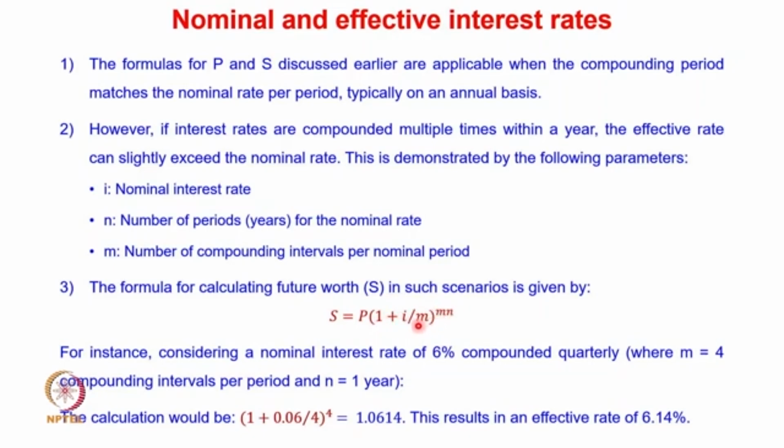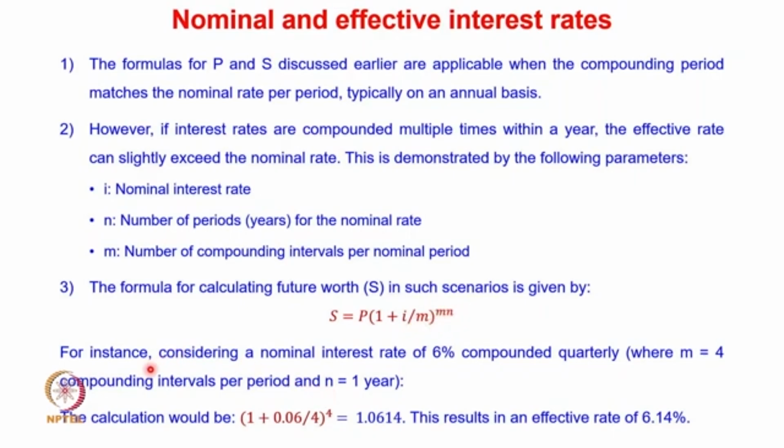Here you can see that if I am having the interest rate given and it is getting accrued annually, in that case it is just 1 plus I raised to the power n. But let's say the interest is getting compounded multiple times over a year. In that case it becomes 1 plus I divided by m, where m is how many times the compounding is taking place per year. So I divided by m raised to the power mn.